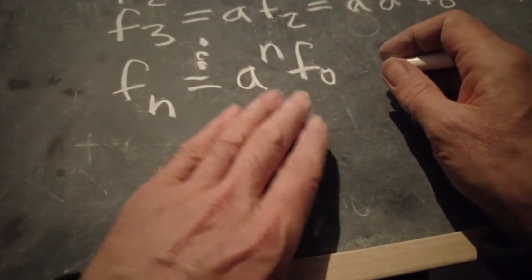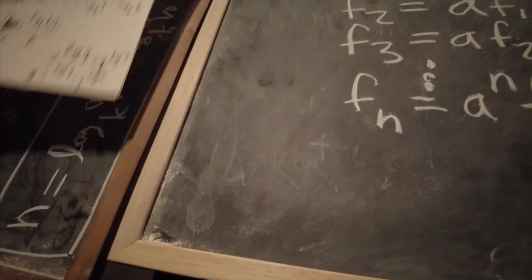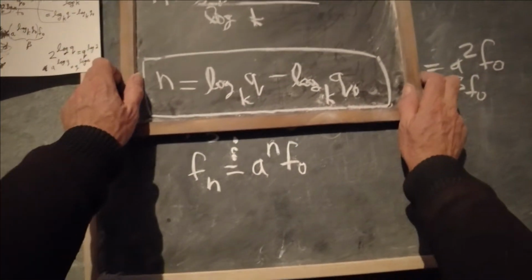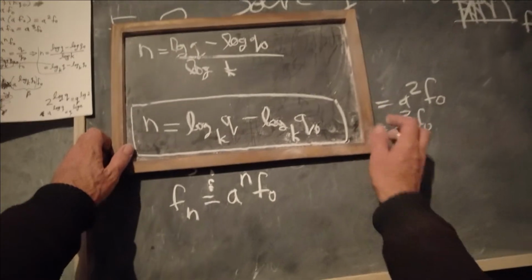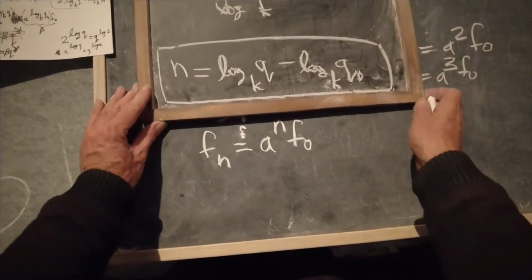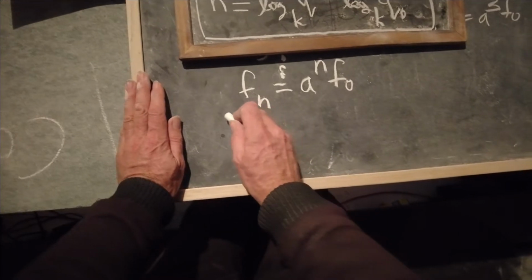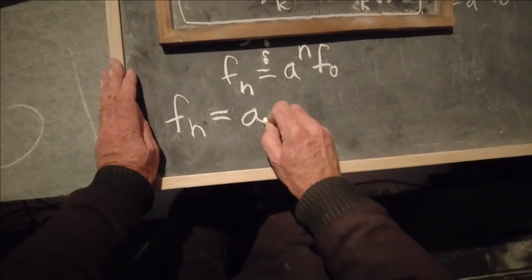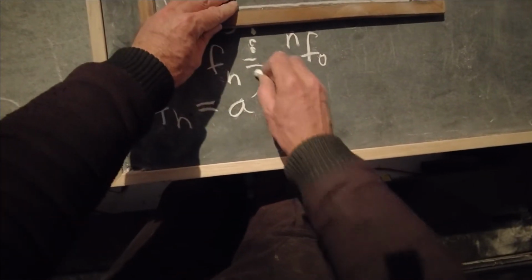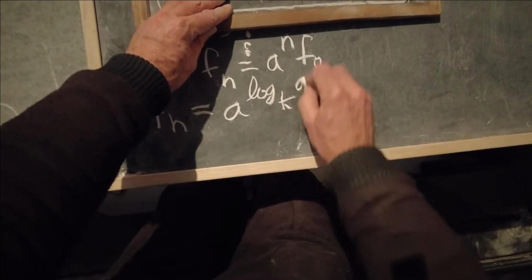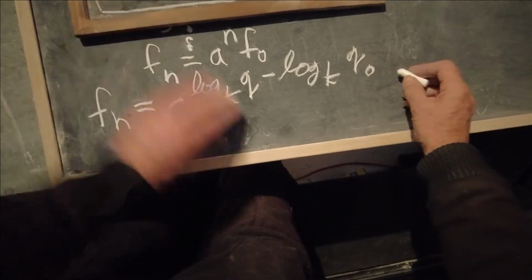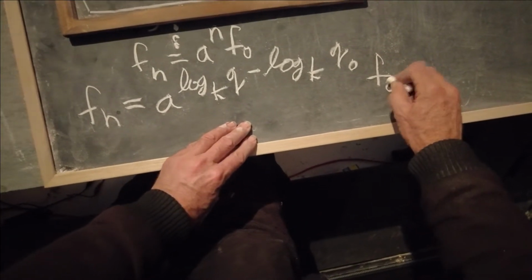And so now here's where we make that substitution again. We're going to recall our relationship here and simply substitute that in, the quantigraphic principle. And so therefore fn equals a to the log base k of q minus log base k of q0 times f0.